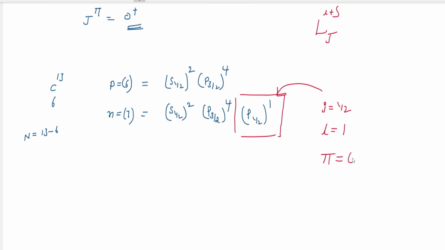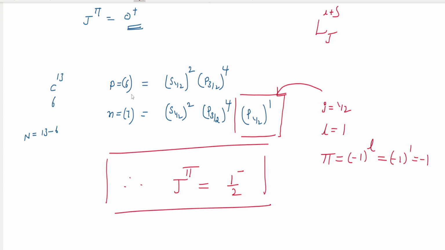Parity equals minus 1 to the power L, which equals minus 1 to the power 1, equal to minus 1. So therefore, the spin and parity of this nucleus is J to the pi equal to 1/2 minus. This is the even-odd nucleus example.